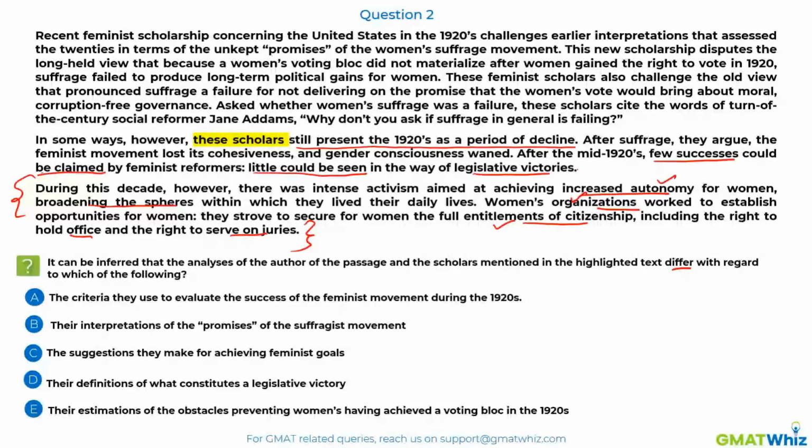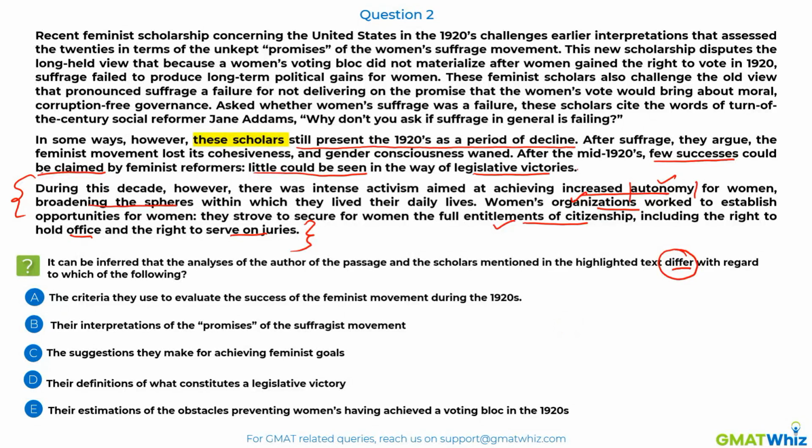So with that pre-thinking, let's move to the answer choice. The criteria they use to evaluate. So we are looking at the point of difference. So A, B, C, D, E are supposed to be the point of difference. So is the point of difference the criteria they use to examine the success of the feminist movement? Yes. They are using autonomy as the criteria.